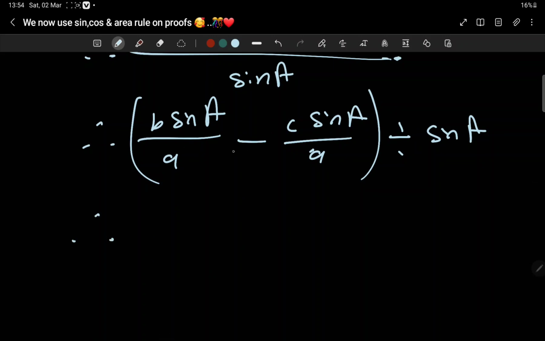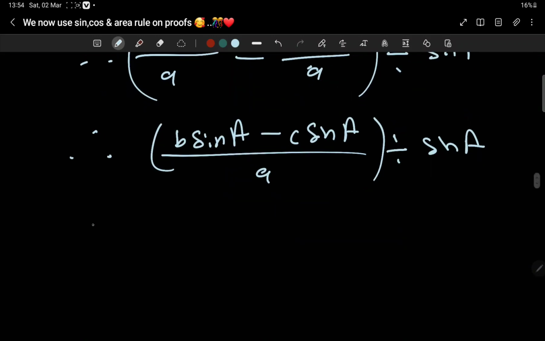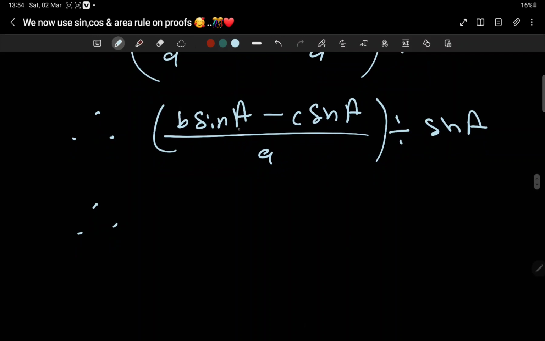In this case, the common denominator is a. So a into a is 1 times b sine A, this is b sine A, minus a into a is 1 into c sine A, still divided by sine A. Then the common factor in the numerator is sine A. We'll have b here, b sine A divided by sine A leaves b.